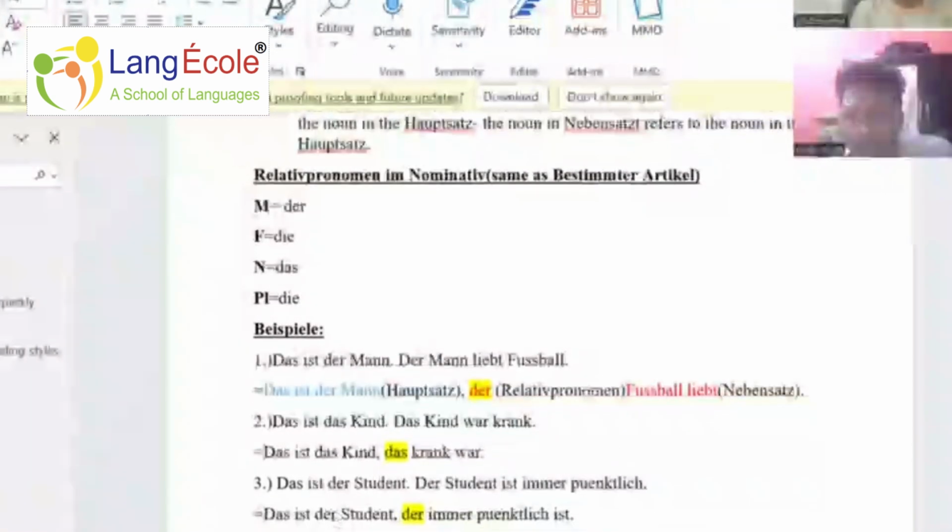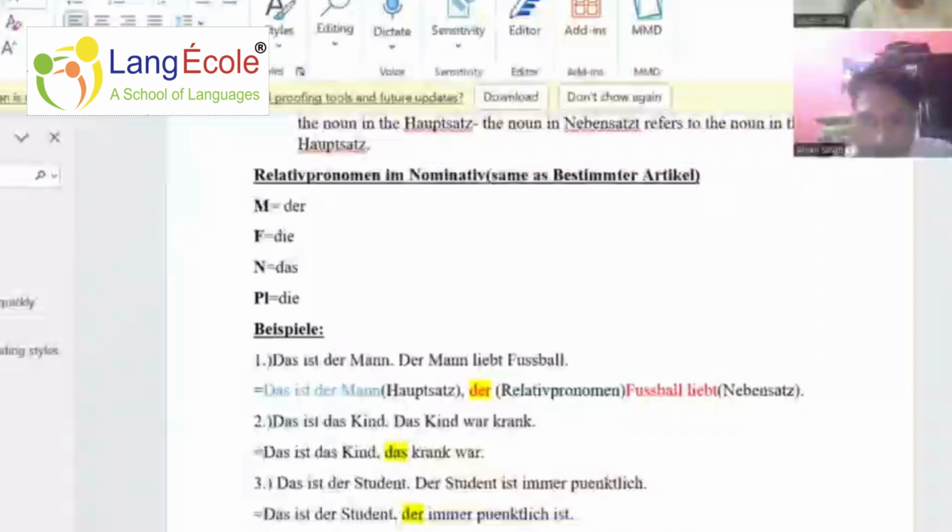Das ist die Klimaanlage. Die Klimaanlage funktioniert nicht. Das ist die Klimaanlage, die funktioniert nicht. Funktioniert is a verb, right?